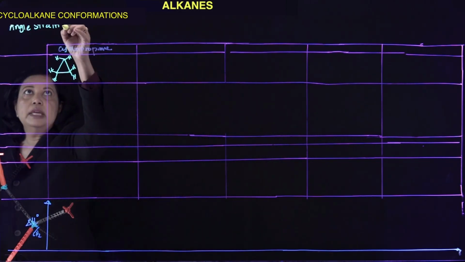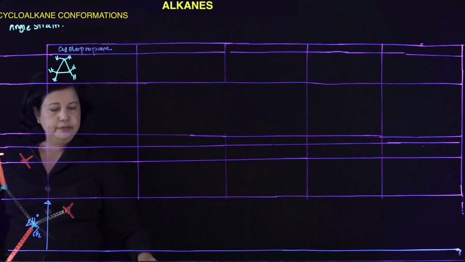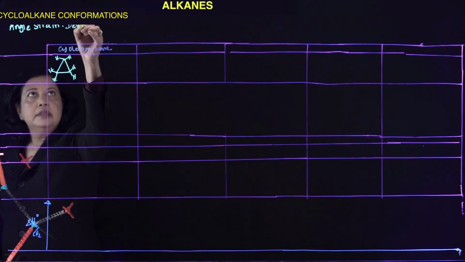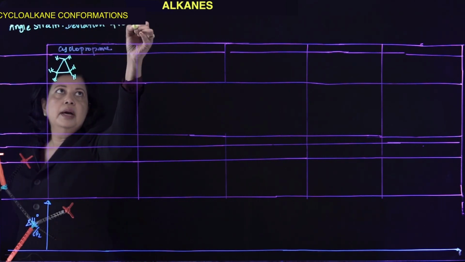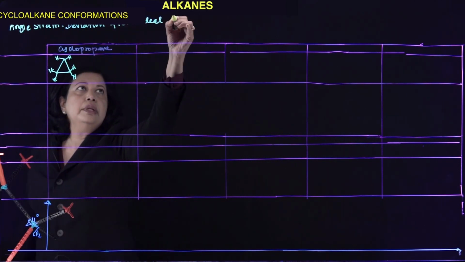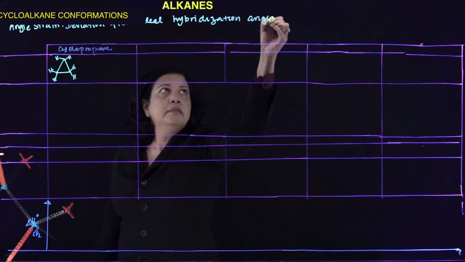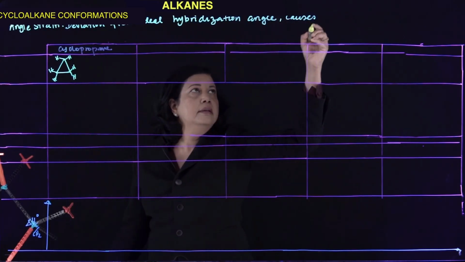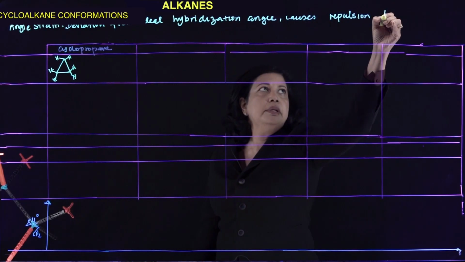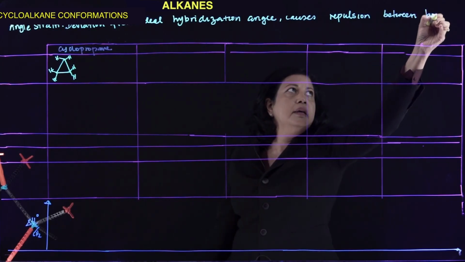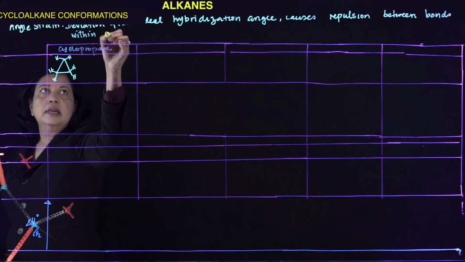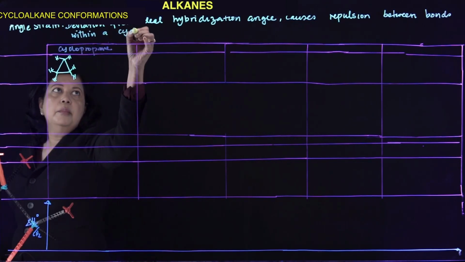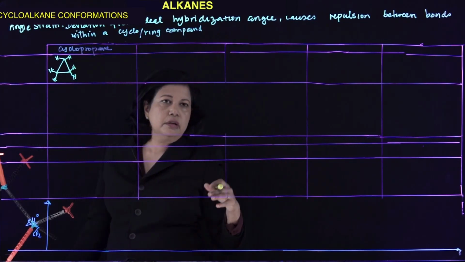So angle strain is when deviation from, so this is important, so I'll write it down, deviation from ideal hybridization angle causes repulsion between bonds within a ring, within a cyclo or ring compound. This higher energy is called angle strain.